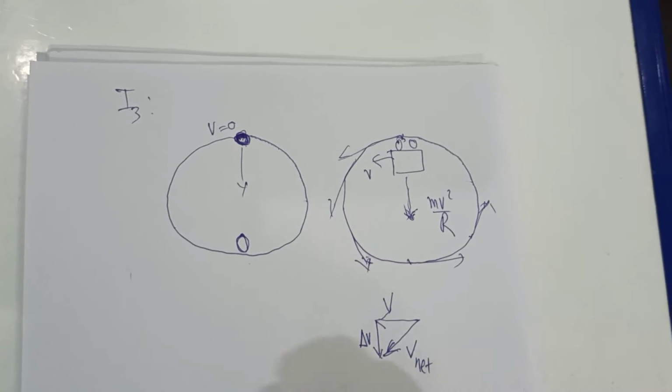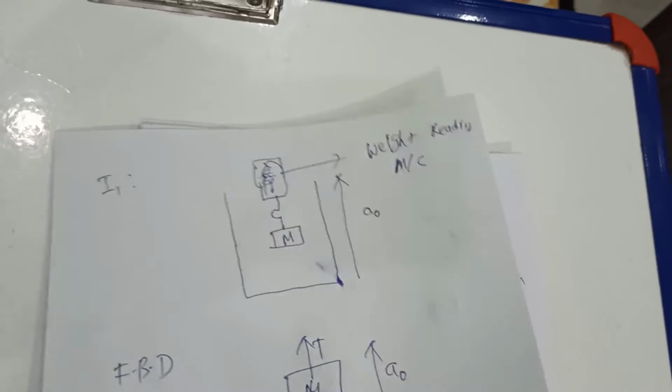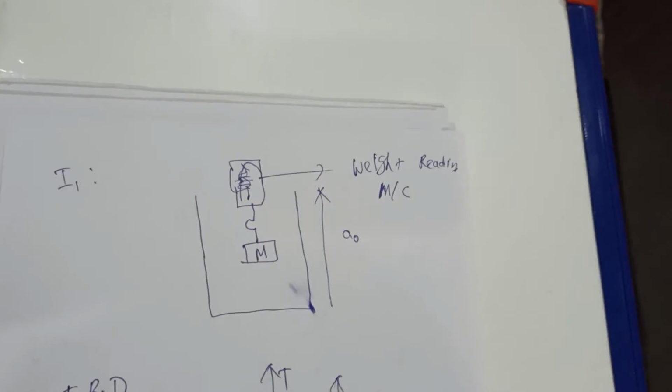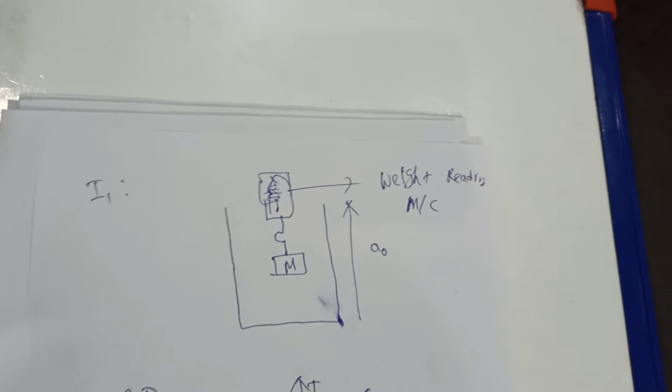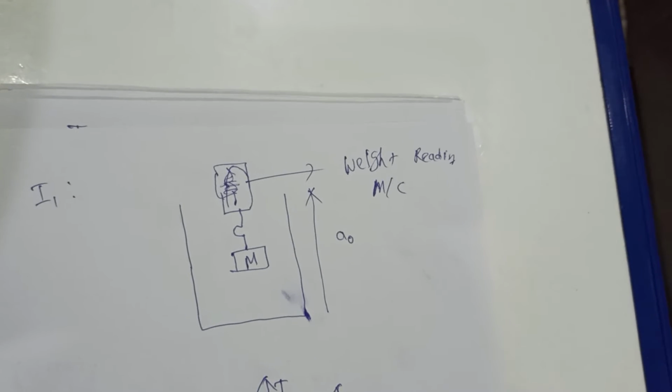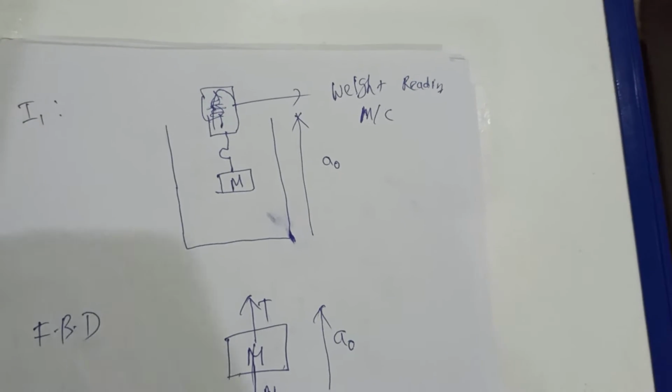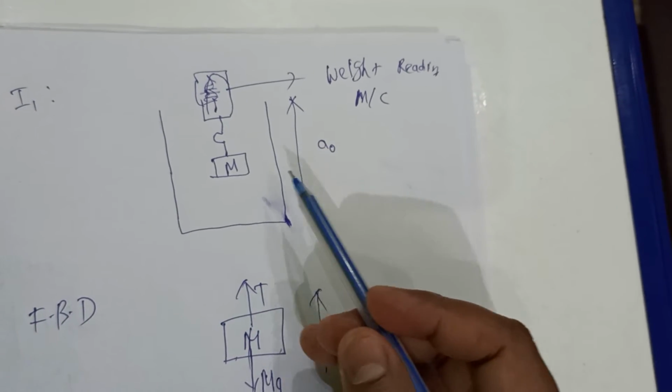So that is what I wanted to tell about the free body diagram. I think you now have some idea about it. With a free body diagram, we have various objects in the system.